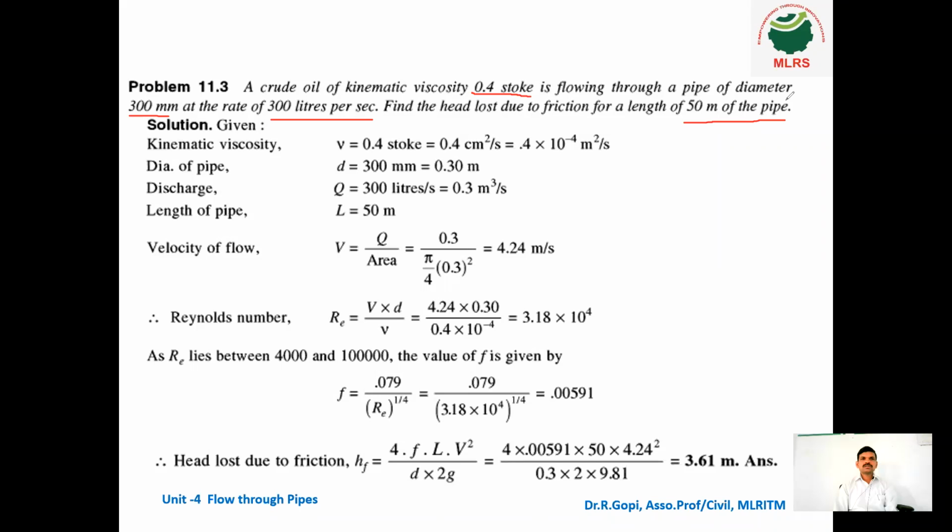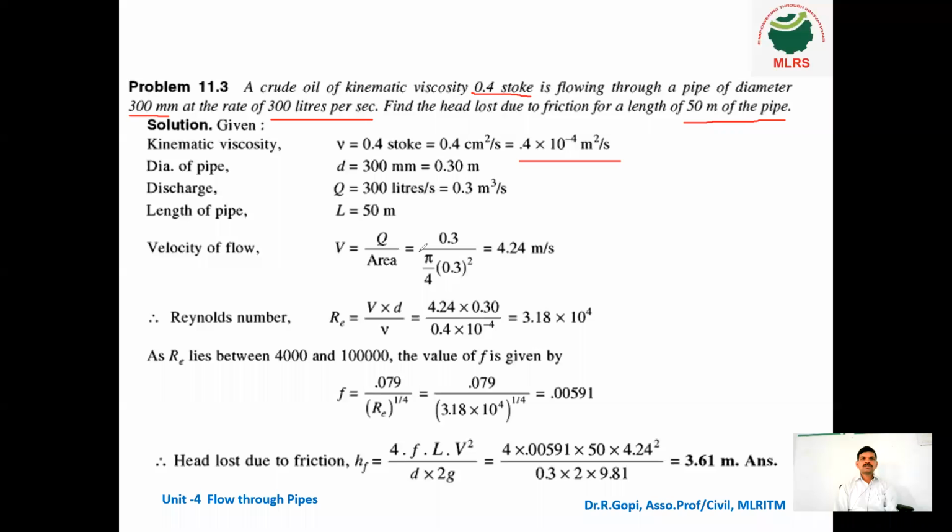So kinematic viscosity ν is equal to 0.4 stoke, and we must convert it into meter square per second. It is 0.4 into 10 power minus 4 meter square per second. Always in the examination they will give stoke only, so you must convert it into meter square per second.